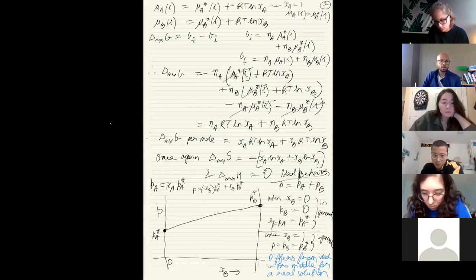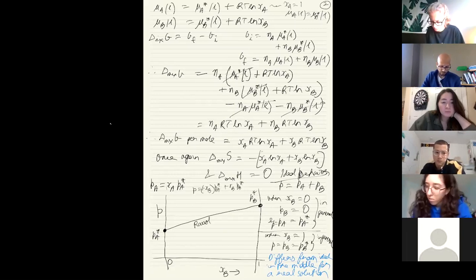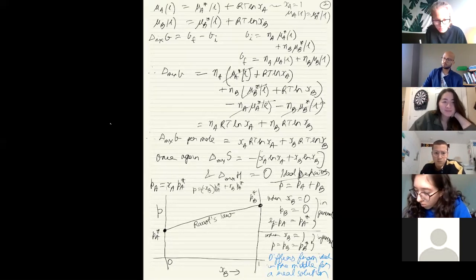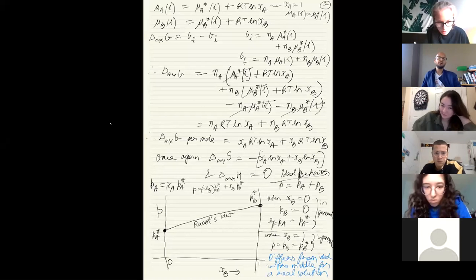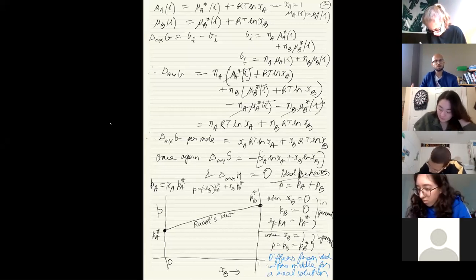This is the sign of ideal behavior. If a given solution follows this behavior, it is said to follow Raoult's law. Raoult's law says that the pressure of a solution increases linearly between the two endpoints, A to B.